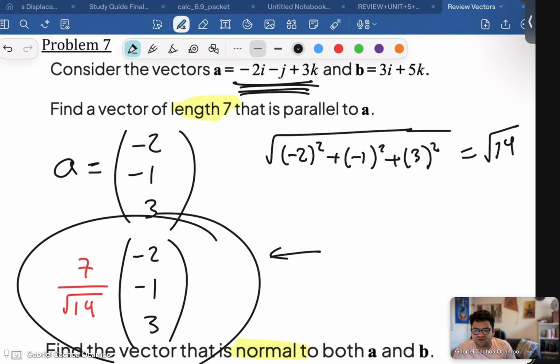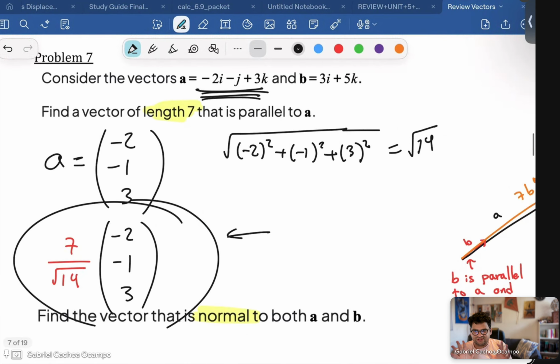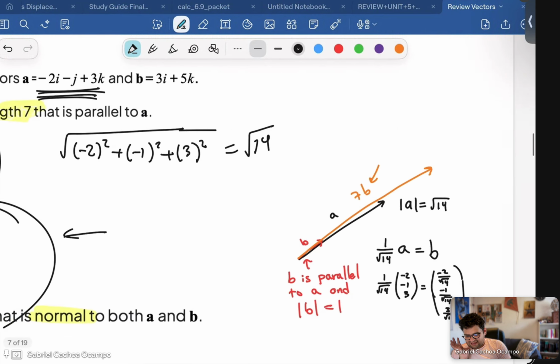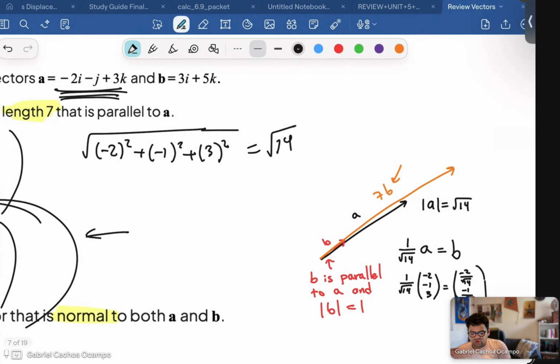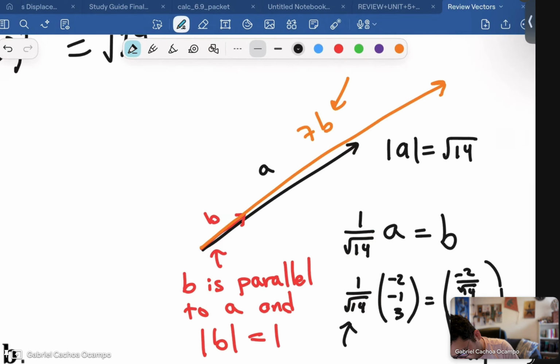This is the vector that you're looking for. This was a tough one. You have vector A, you shrink it by dividing it by its magnitude so that you have a unit vector, and then you enlarge it by multiplying it by 7. When you divide by the square root of 14 you shrink it, and when you multiply by 7 you enlarge it.